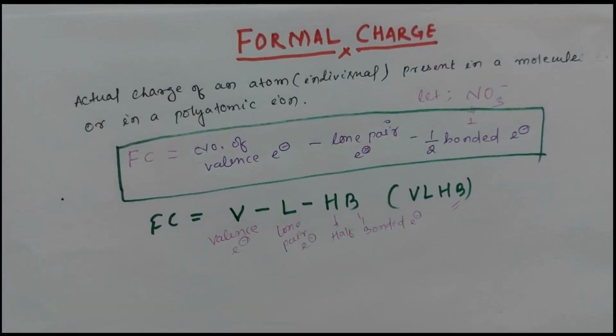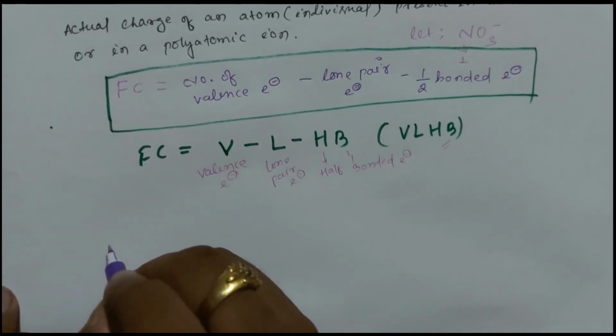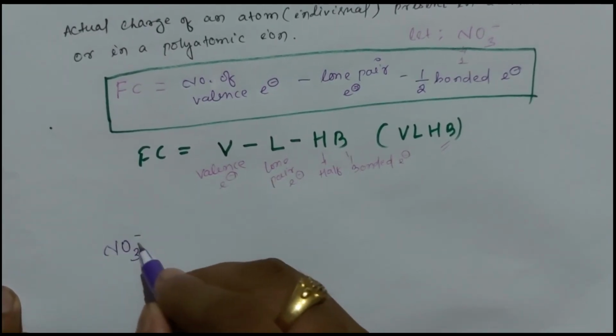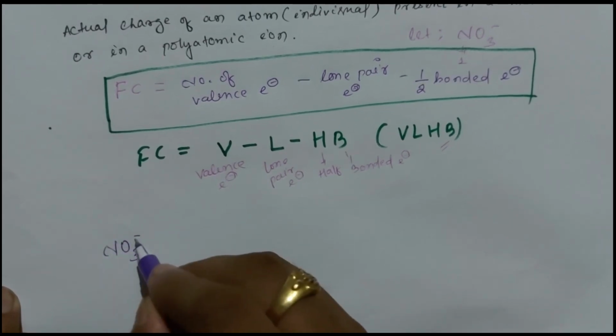So we have discussed the formal charge and the formula to calculate it. In a molecule or compound, if we add all the formal charges of the atoms, it will give the overall charge of the molecule. See here, NO3 minus has an overall charge of -1.